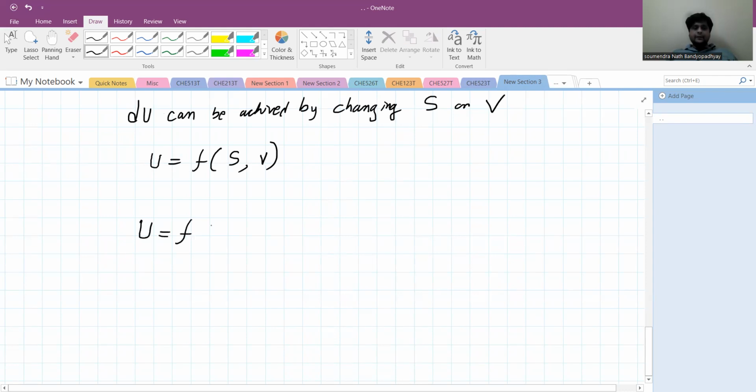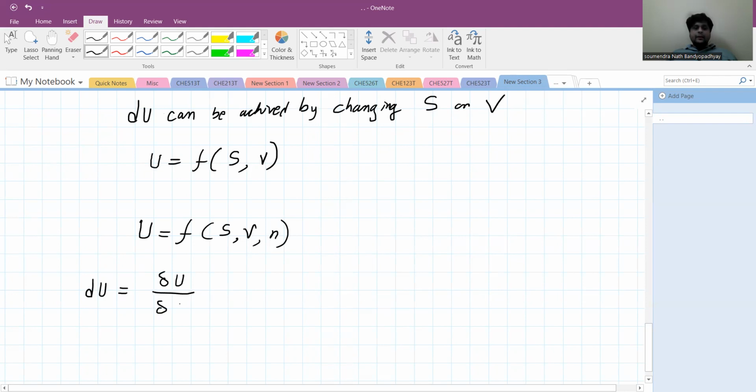That is an extensive property. So we can say internal energy is a function of entropy, volume, as well as the number of moles present in it. Okay.